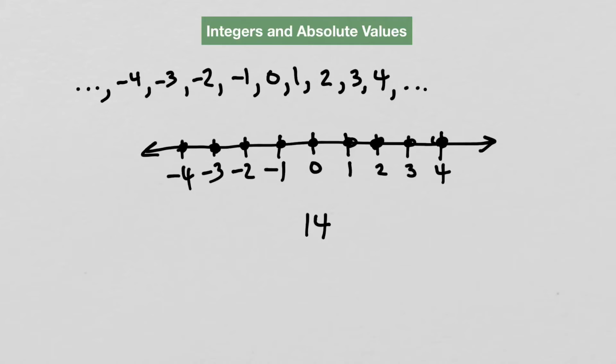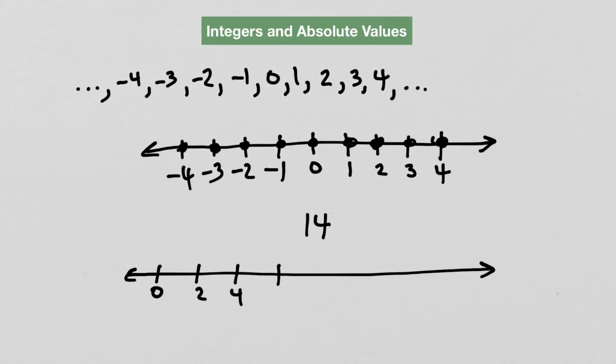So on the number line, if I wanted to represent the number 14, this is what it would look like. And you notice I'm skipping by 2's, and that's perfectly fine to do. And I put a dot on 14.